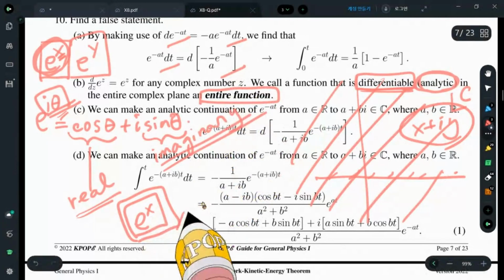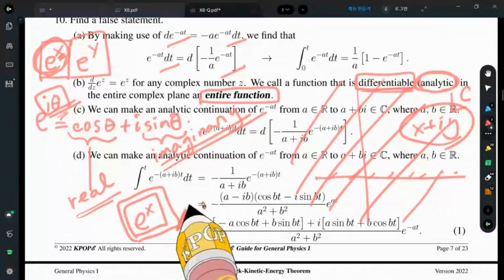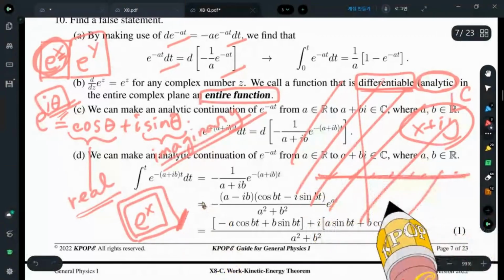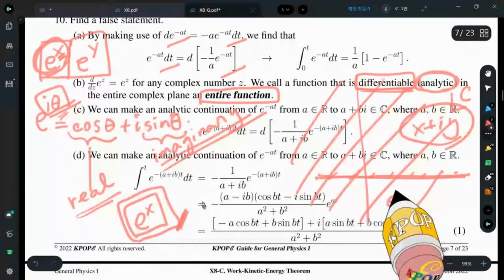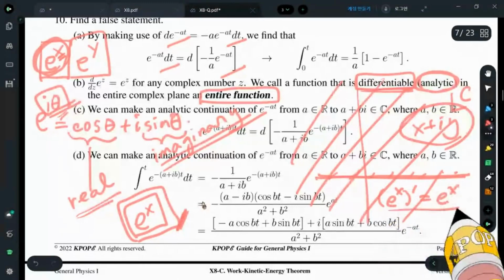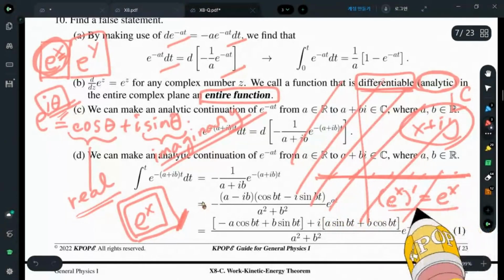So, for example, this exponential function is an entire function. Okay? An entire function is differentiable not only along the x-axis. What we know is that the derivative of e to the x is itself along the real axis, but it is true for any complex number.